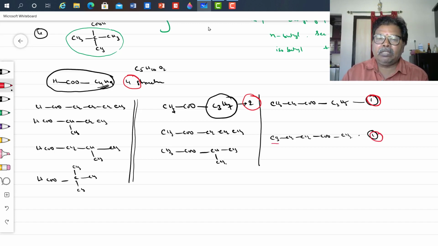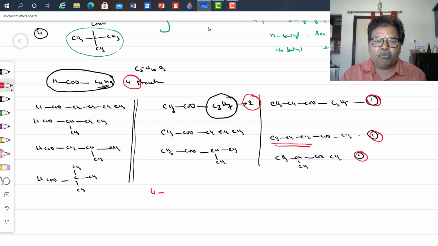But here, 3 carbon atoms came in the alkyl group, so we have one more alkyl group, that is isopropyl. You can open the branch here: CH3COOCH3. So you have one more structure. The total number of esters possible is 4 plus 2 plus 1 plus 1 plus 1.